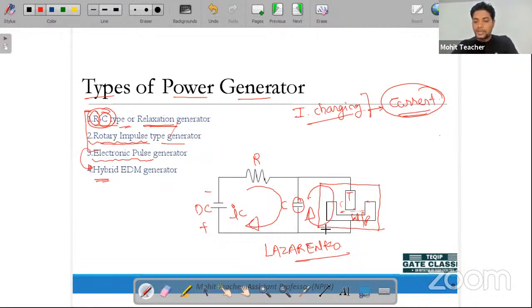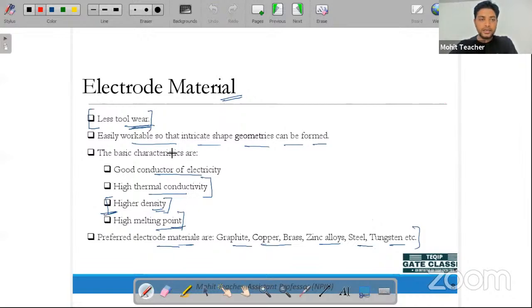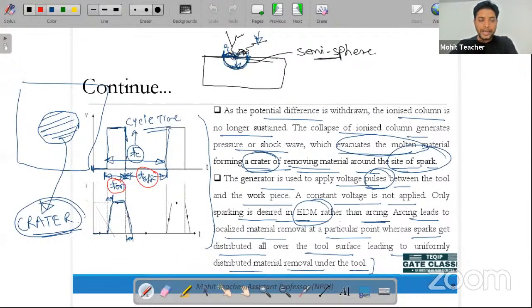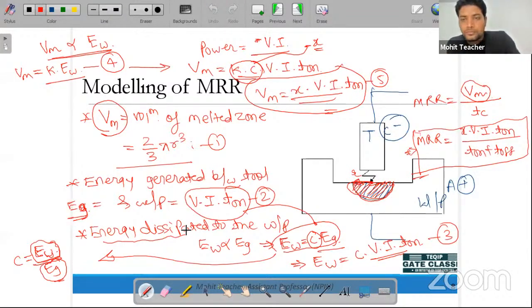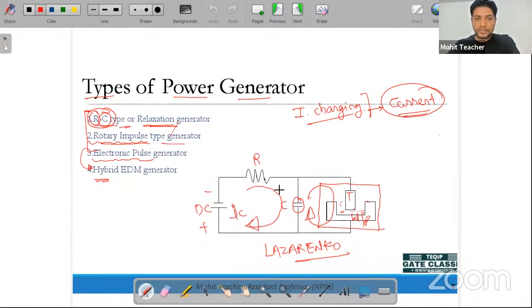So the voltage and current diagram we studied just now, if you see the tool and the workpiece voltage, it will not actually be like this. I will tell you what it will be. First we are going to analyze what will happen during the charging, and what the charging current will be.